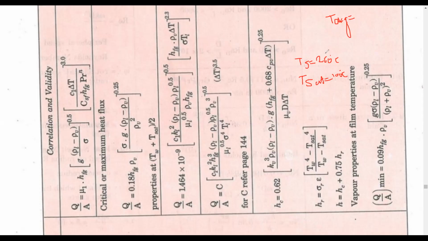The sum 260 plus 100 is 360, and 360 by 2 is 180 degrees centigrade. At this mean temperature we take the values of k_v, rho_v, C_pv and mu_v.